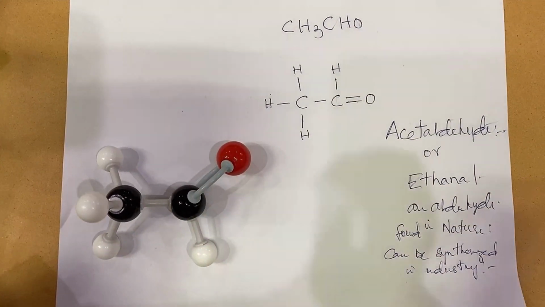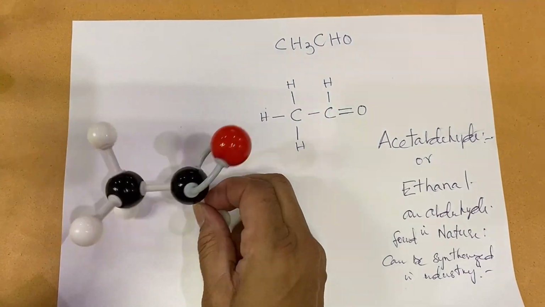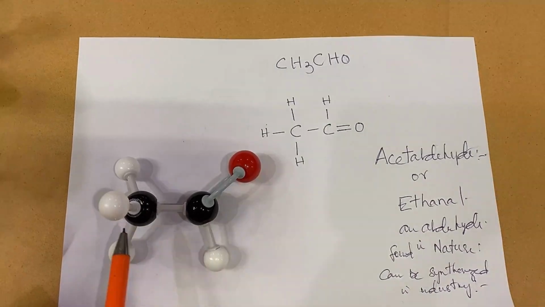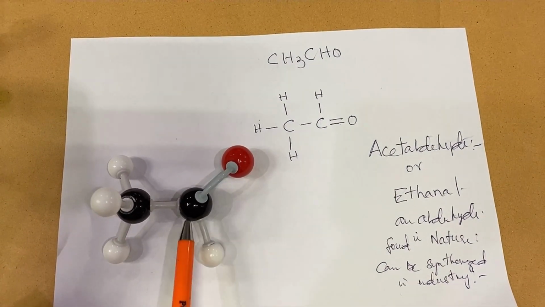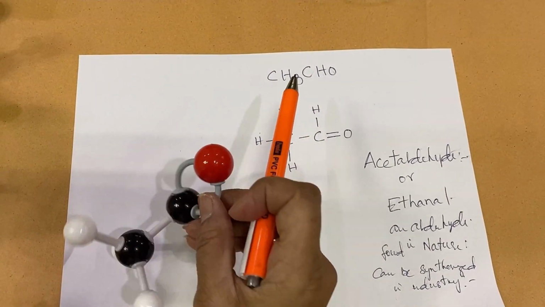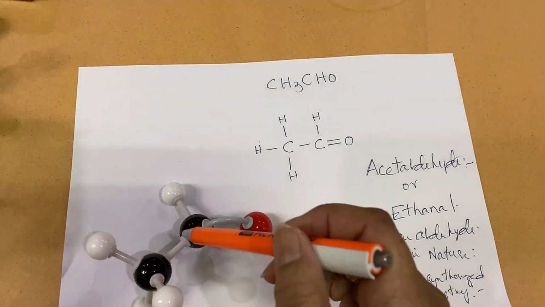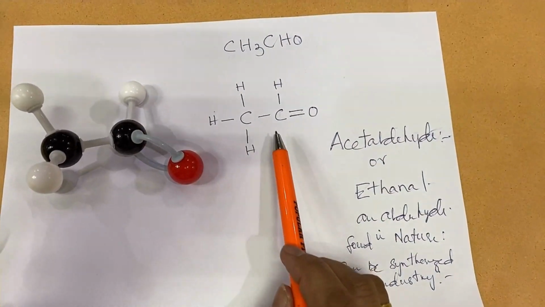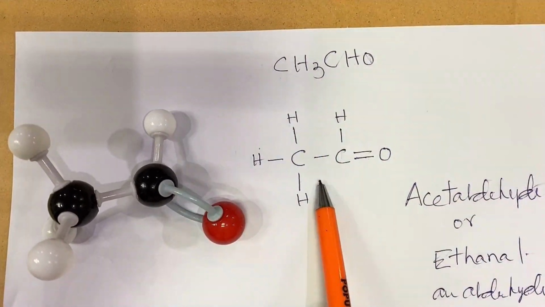So this is the molecular model of acetaldehyde, right, with the 2 carbon atoms and 3 hydrogens over here, and the second carbon is attached to a single hydrogen and bonded with a double bond to the oxygen atom, CH3, CH, C double bond O. So this is the straight chain formula for the compound, which you can see here easily, right?